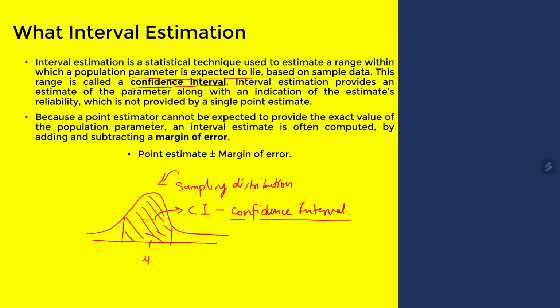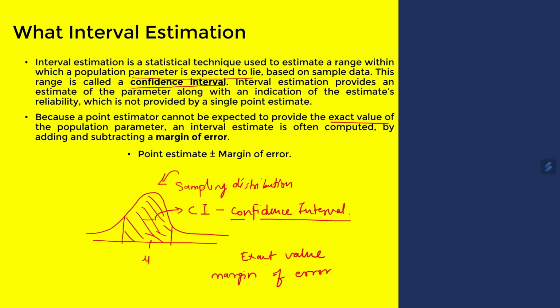Because a point estimator cannot be expected to provide the exact value of the population parameter, an interval estimate is often computed by adding and subtracting a margin of error. We all know that the point estimator does not give us the exact value. That is why we calculate the margin of error.